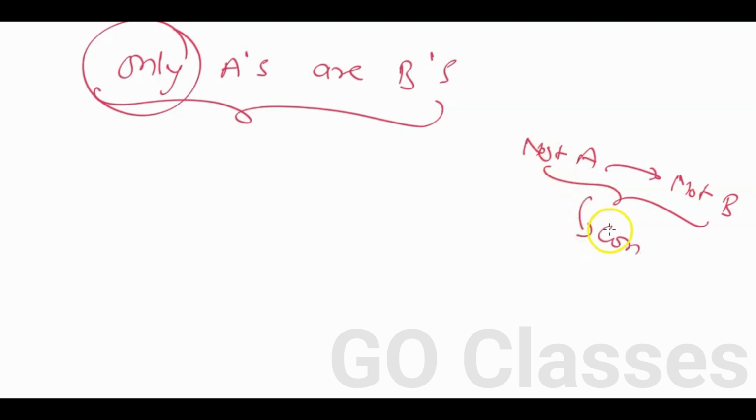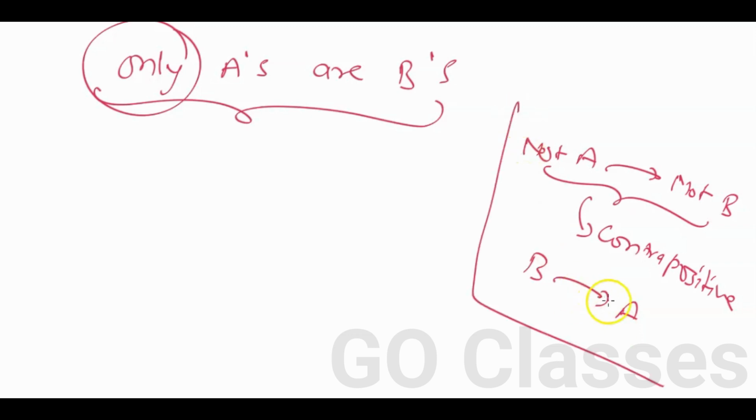So first you should understand the meaning: only A's are B's means if it is not A, then it is not B, and the contrapositive means if it is B, then it is A.